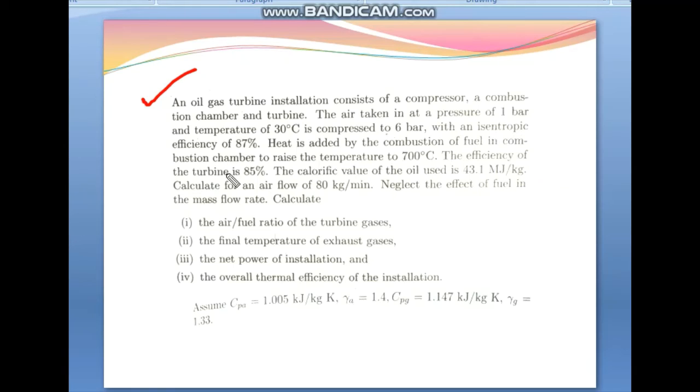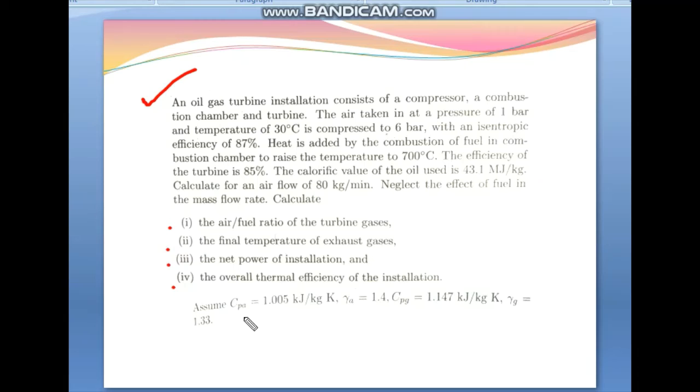The efficiency of turbine is 85%. The calorific value of oil is 43.1 megajoule per kg. Calculate for an airflow of 80 kg per minute, neglecting the effect of fuel in mass flow rate: number 1, the air fuel ratio, number 2, the final temperature of the turbine exhaust gases, number 3, the net power of the installation, and number 4, the overall thermal efficiency of the installation.